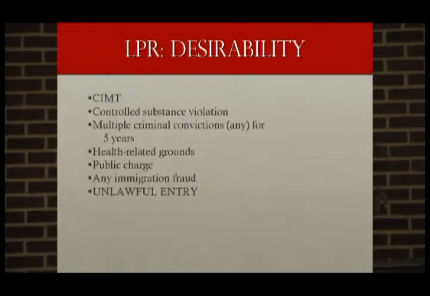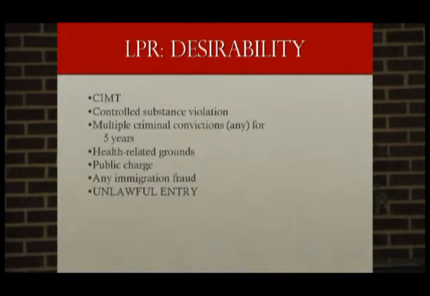Any controlled substance violation, so first-time possession of half a joint would be considered, and anything above that, obviously. So anything related to a controlled substance, any conviction or admission to using those things will prevent you from getting your green card. Multiple convictions, so even if they aren't a CIMT or crime involving moral turpitude, if you've been sentenced for at least 5 years in the aggregate.